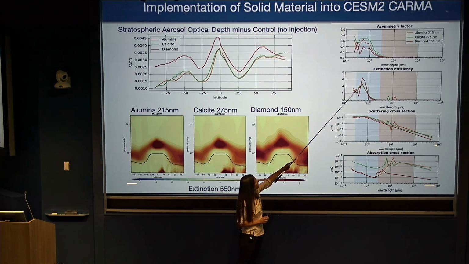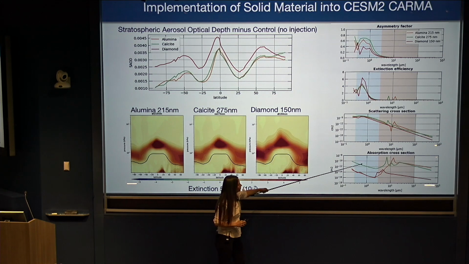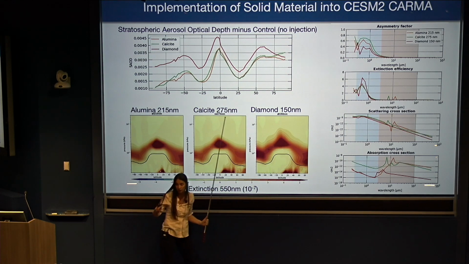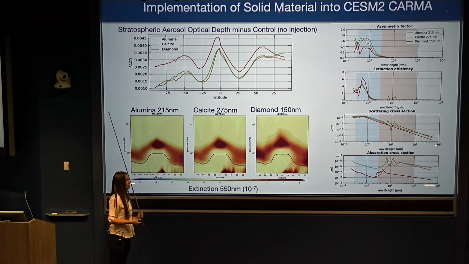For instance, the extinction is much larger for diamond, shown here in red. On the other hand, the absorption of diamond, as well as calcite here, is much lower than alumina. This is important to understand, on the one hand, how much scattering we get, but on the other hand, also how much heating we will get in the model.